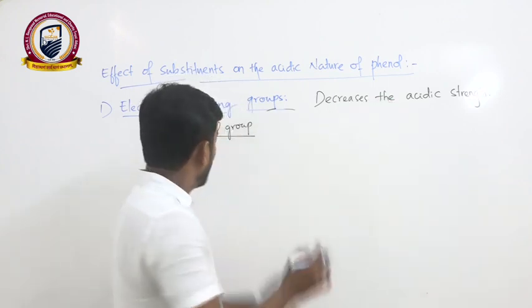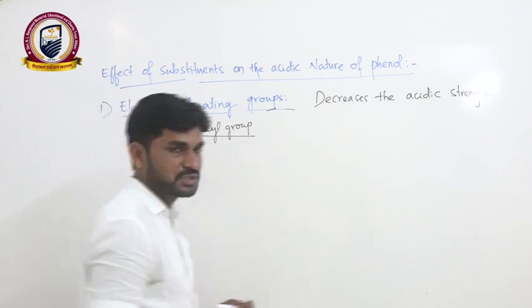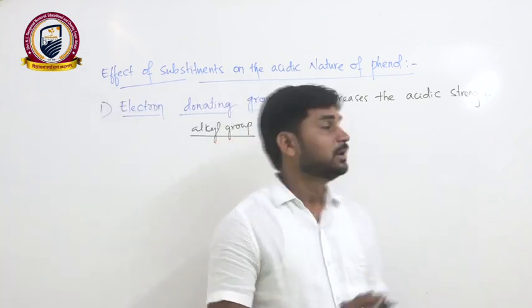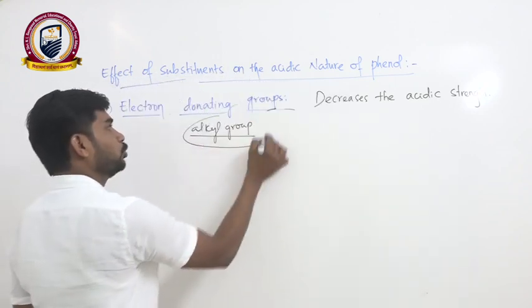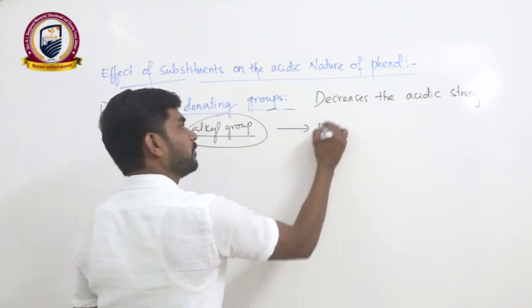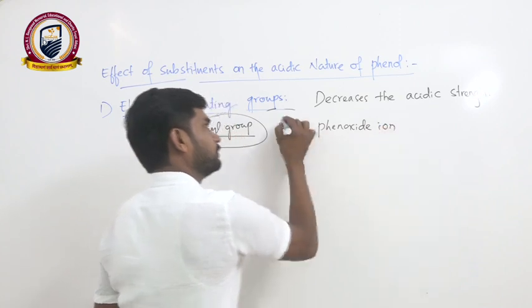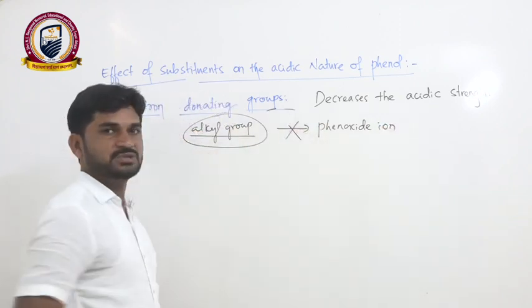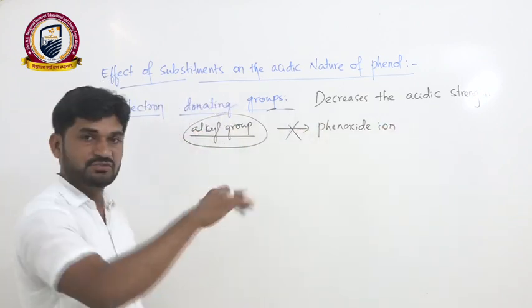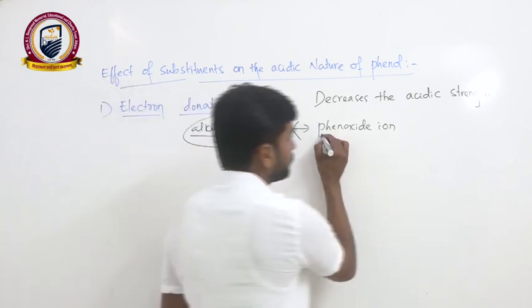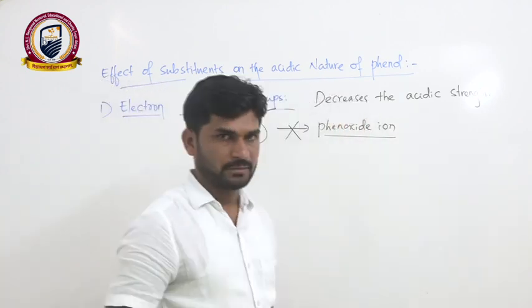Why do these alkyl groups decrease the acidic strength of phenols? It is just because these alkyl groups do not favor the formation of phenoxide ion. If the phenol is attached with an alkyl group, it will not favor the formation of phenoxide ion from the phenol.